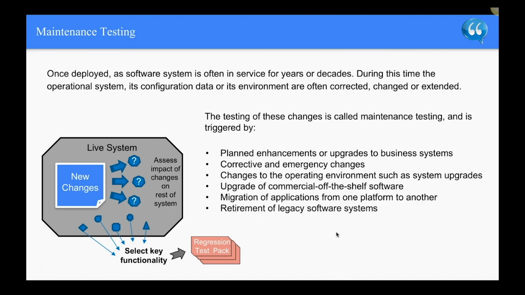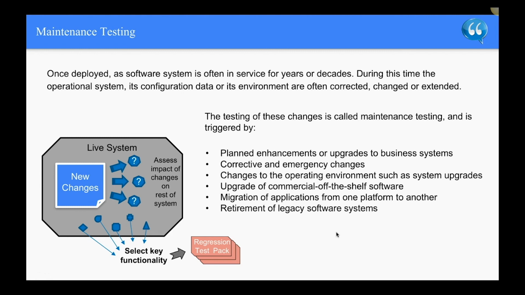What is maintenance testing? Once the software is deployed, the system can keep running for years or even decades. During this time, the operational system, the configuration data, or the environment often get some corrections. They can be changed or extended.